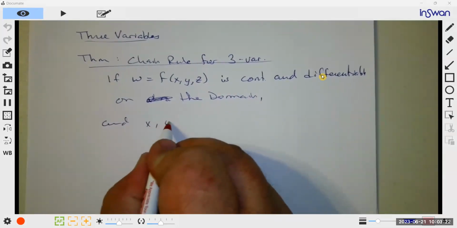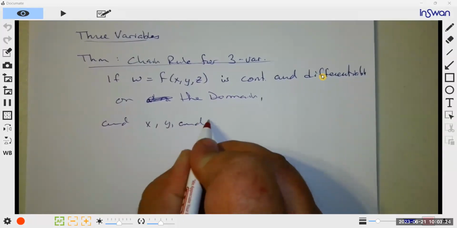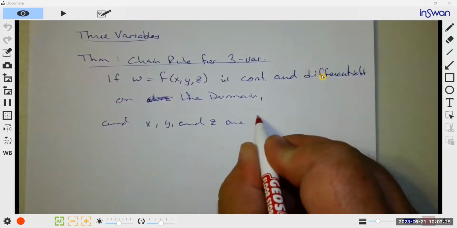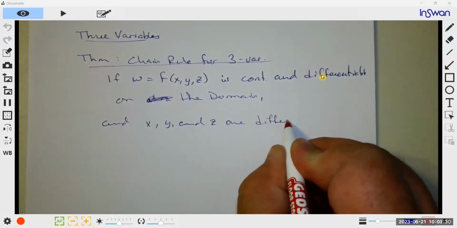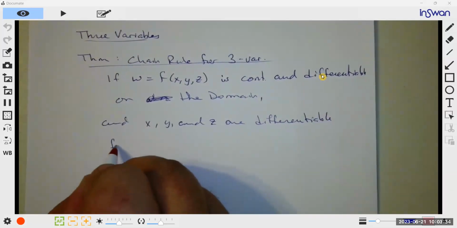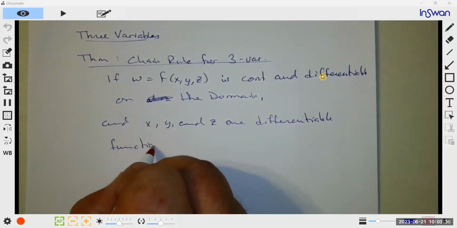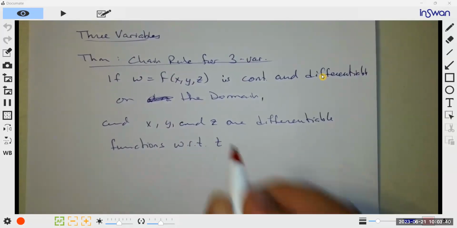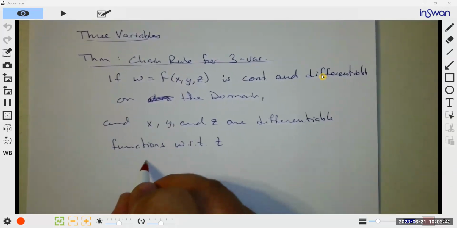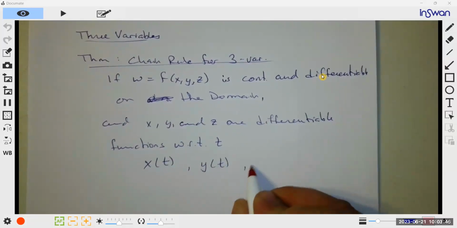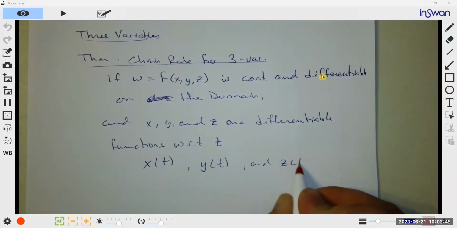and x, y, and z are differentiable functions with respect to t. In other words, we have x sub t, y sub t, and z sub t.